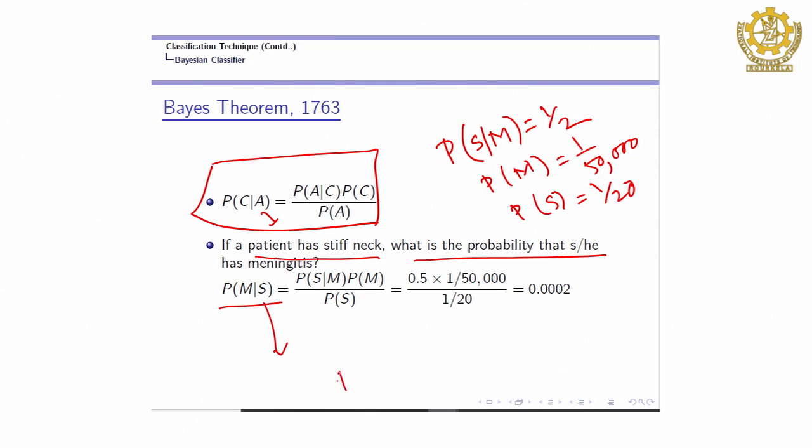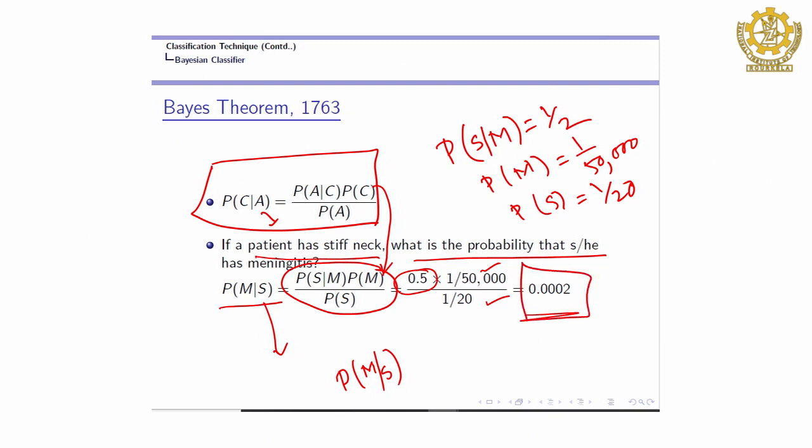Therefore, you can directly use the Bayesian formula here, and you know all these variables: the prior probability of having meningitis, the prior probability of stiff neck, and the conditional probability of the stiff neck when one has meningitis, and then you get the probability of meningitis when someone is having stiff neck. So, this is the Bayesian rule.